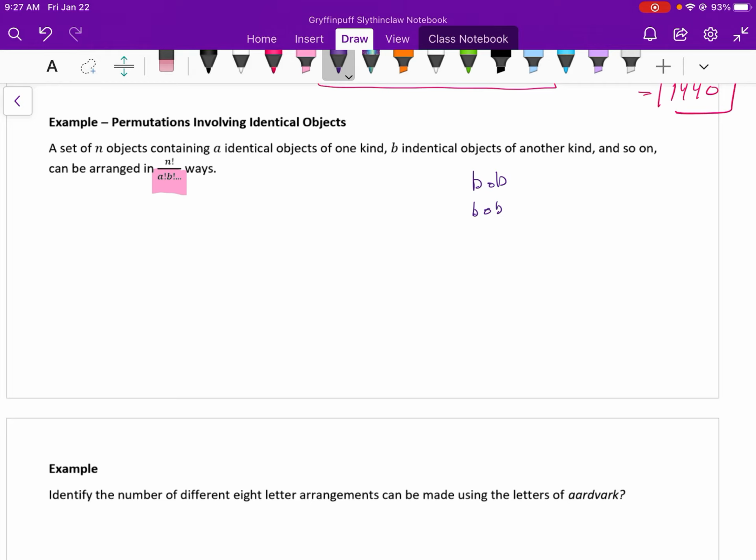So B and B are identical objects, so we must be able to discount those. And since there's two B's, there'd be 2 factorial ways that we can organize those B's. So we would have to factor out by a factor of 2 factorial since there's 2 identical objects of B. This is just saying it's expanding it for identical objects, A of one kind, B of another, and so on.